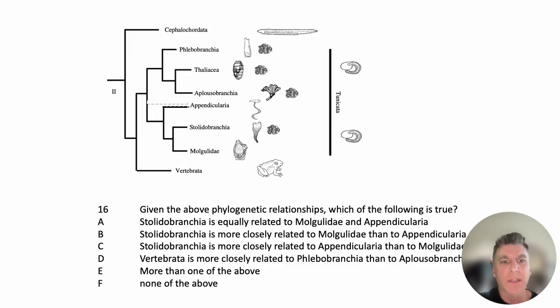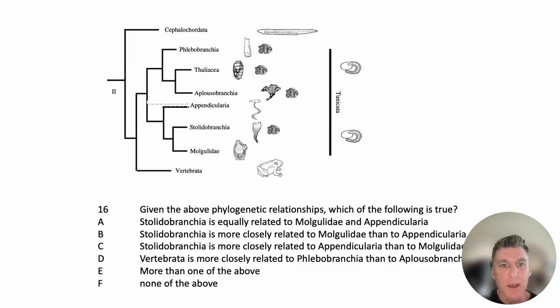So if we look at these options here, if you're looking at the tree, look at the second and third words from the bottom. So the Molgulidae and the Stolidobranchia. Those things form a clade. They're the closest relatives to each other on that tree.